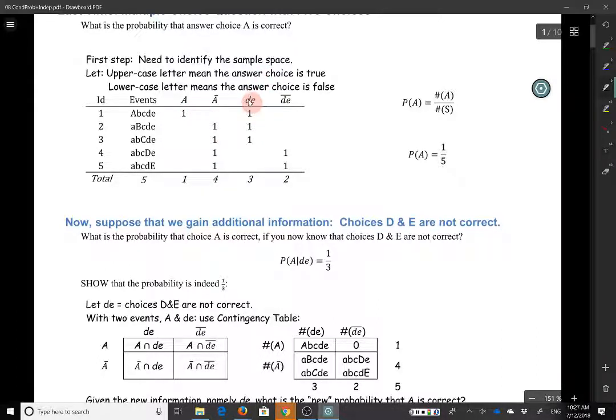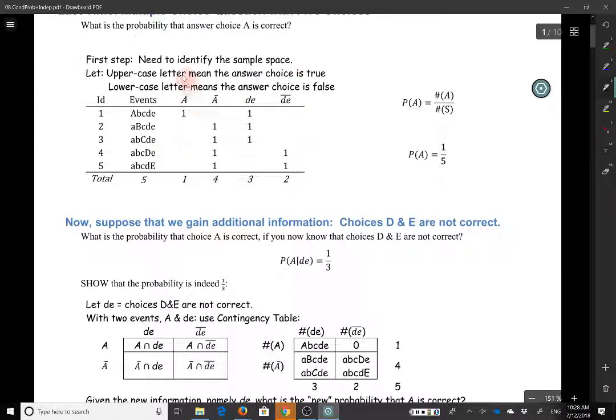The new information that we have is that choices D and E are false. If D and E are false, it could be that A is true, B is true, or C is true. It's a little bit tricky, but we want to set it up this way: the opposite of D and E being false is that possibly D and possibly E are correct. That's the complement.